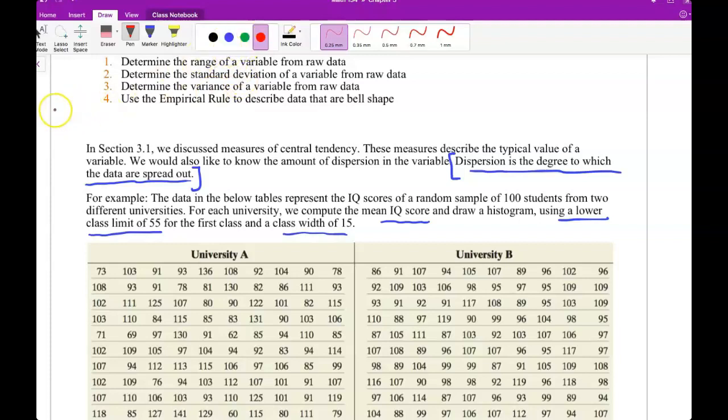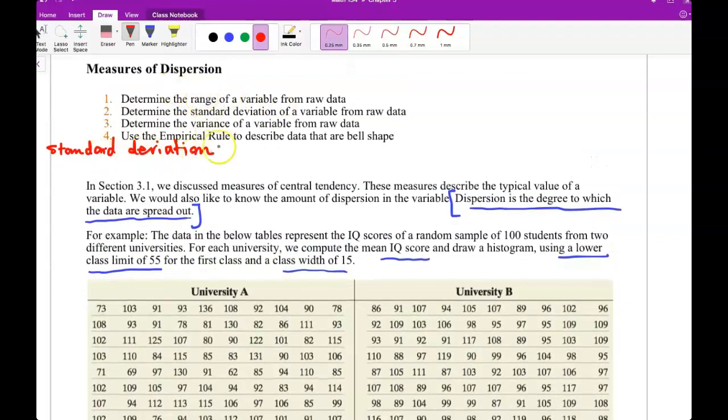Standard deviation is a measure of the amount of variation or dispersion of a set of values.